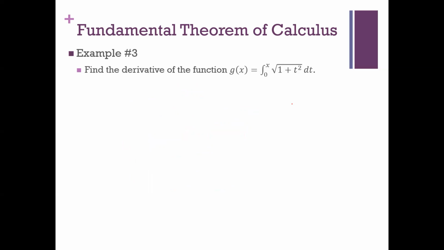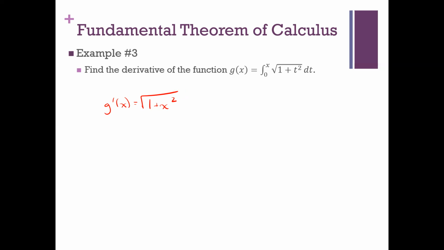All right. I think we can do this next one in 3 minutes. What's the derivative of this function here? There you go. And that's a direct application of the theorem.